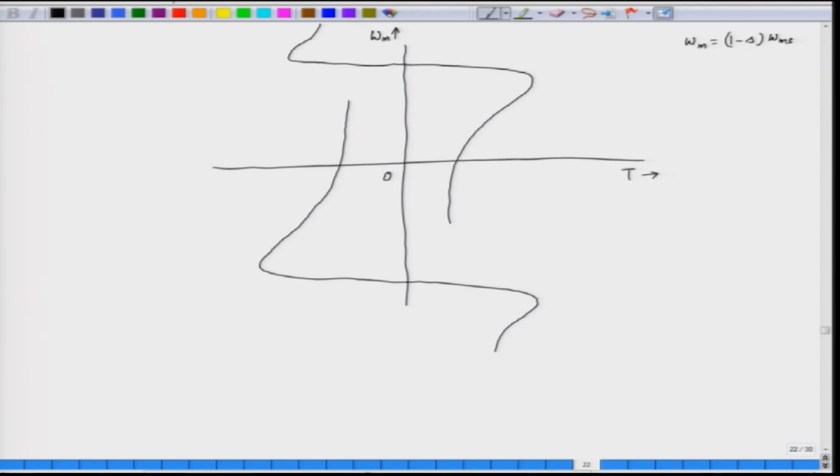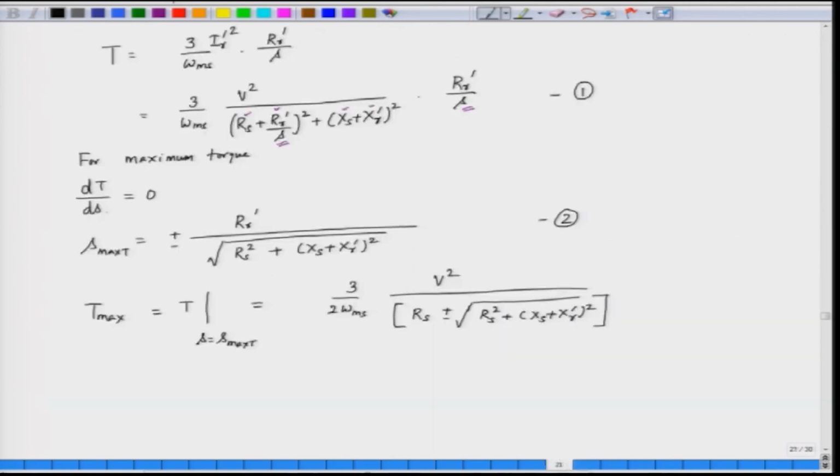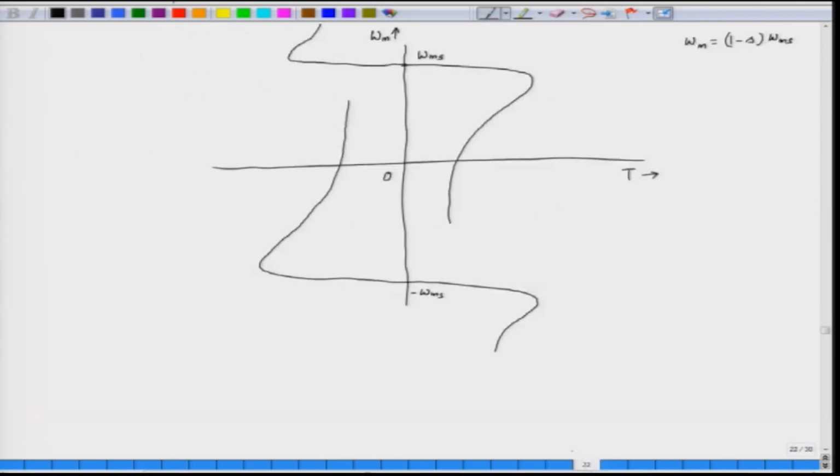So, this is the no load speed. Let us say this is omega_m0 or omega_ms here, the synchronous speed. This is minus omega_ms. So, if you plot this equation 1 for various values of slip, we get this curve, and this is the speed in the y axis.